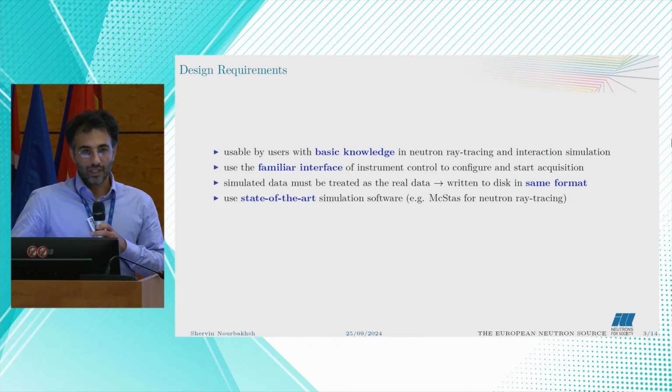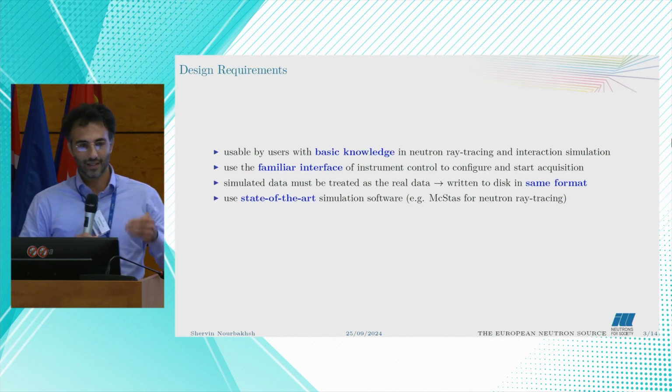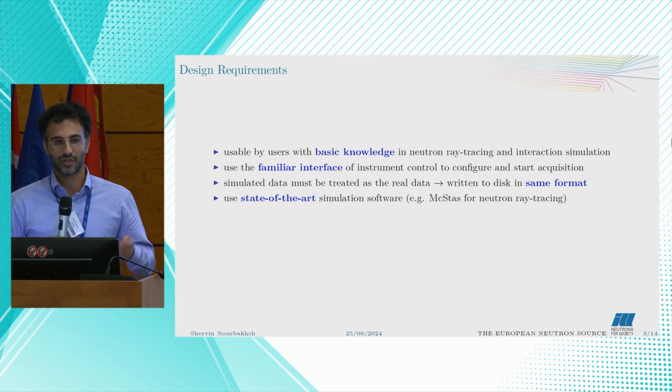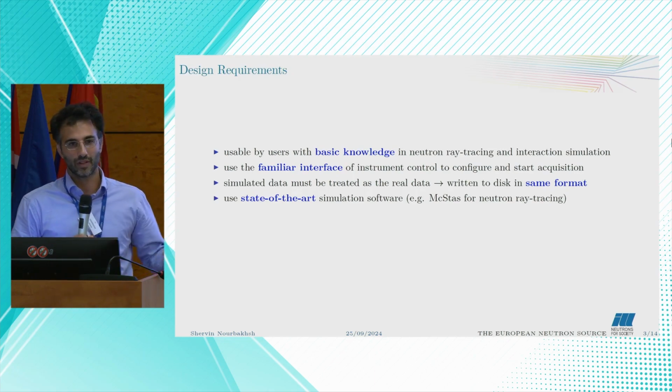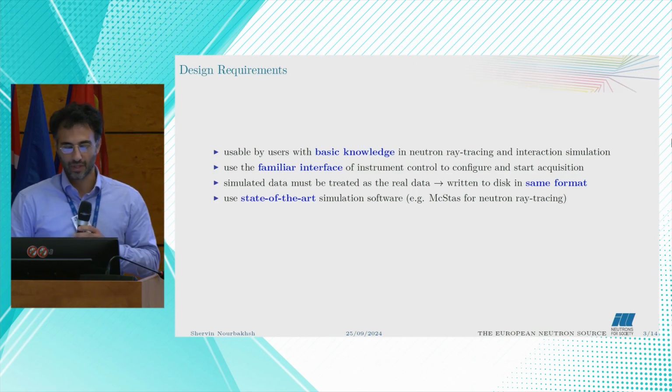And the simulated data should not be something else with respect to what they are used to in the real data. So the idea is to have the simulated data processed by the instrument control system such that they provide exactly the same format to the user, such that it can undergo further analysis, so reduction and analysis workflows.